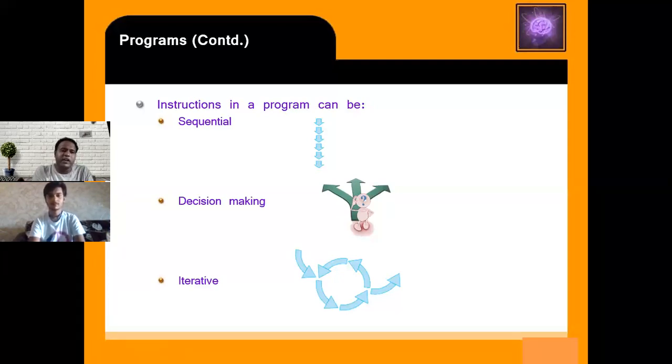The next process is called iteration. Iteration means it is a repetitive task. Clear? Repetitive task means, suppose I am giving a task that you have to take the information of 100 students. What information do you have to store?